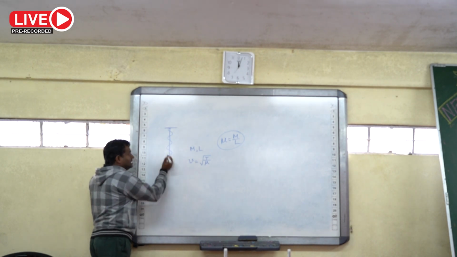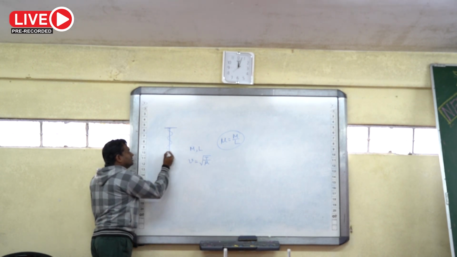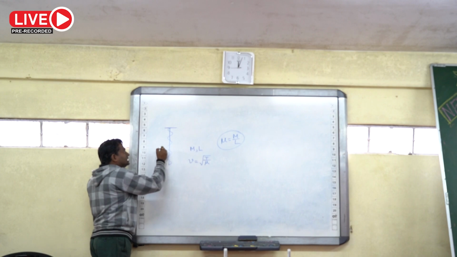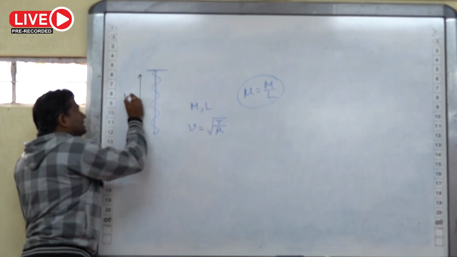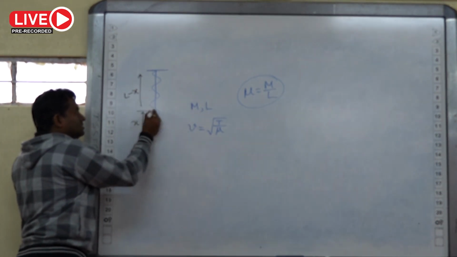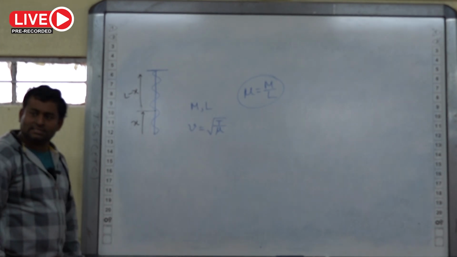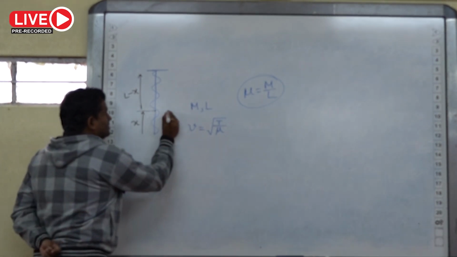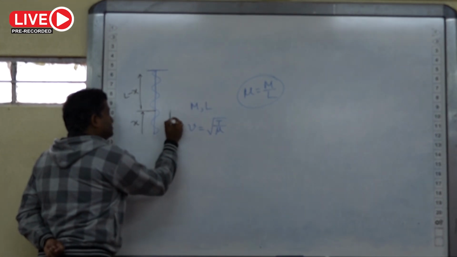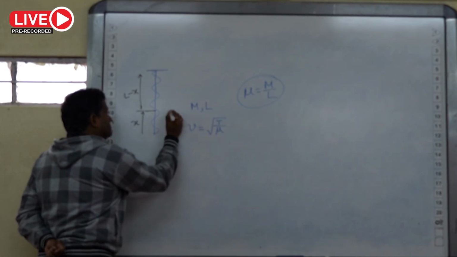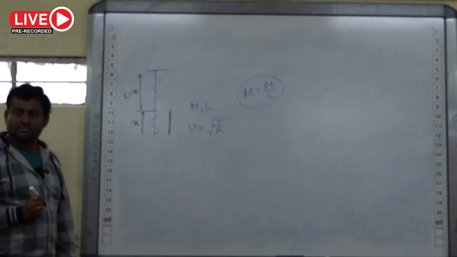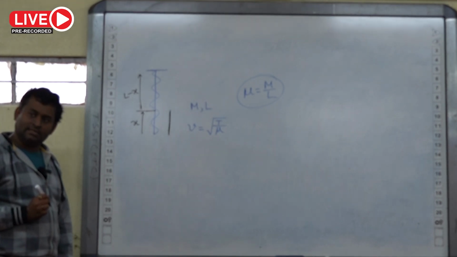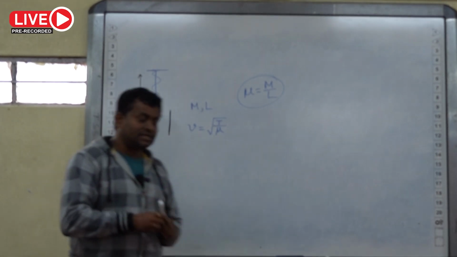Let us consider that the wave has moved up to this point. So from the bottom, this length is x. What is the remaining length? The remaining length is L minus x. Now consider this x length of the string separately.